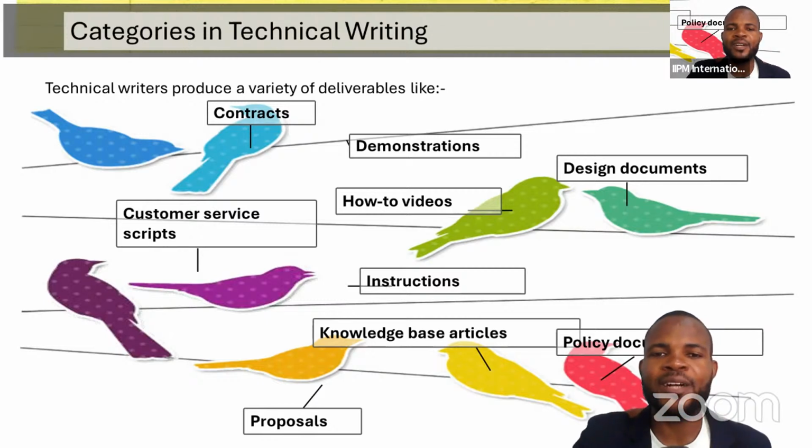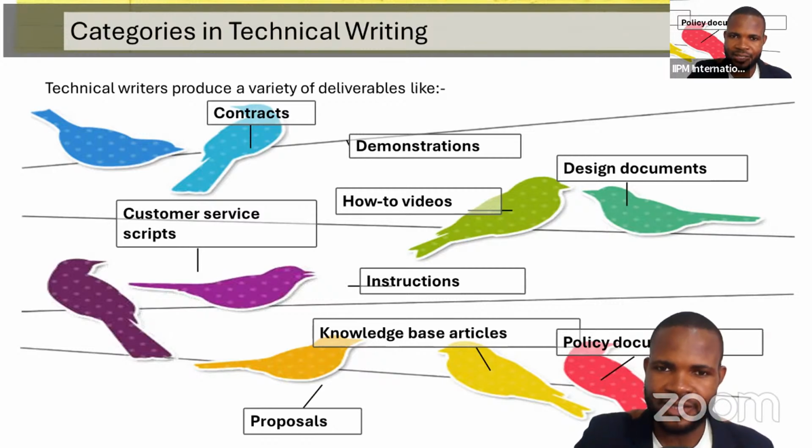Now, we have people that do policy documents. We have consultants that do policy documents, people like us in the management consulting field. We do a lot of policy documents. We have those that do strategy documents. Wherever you find yourself, generative artificial intelligence can help you get better in what you do.